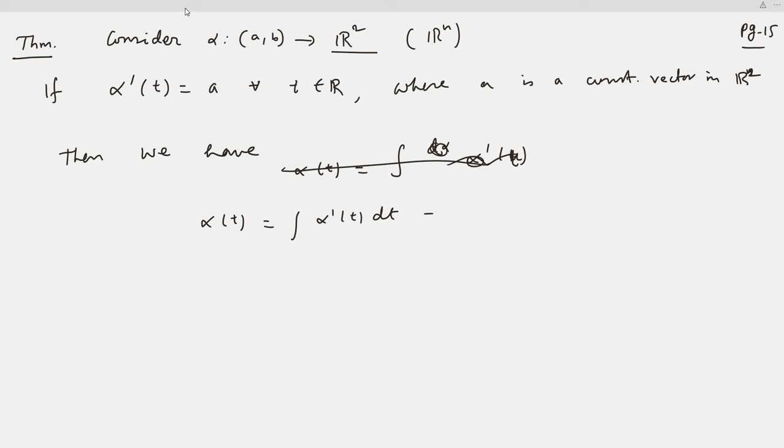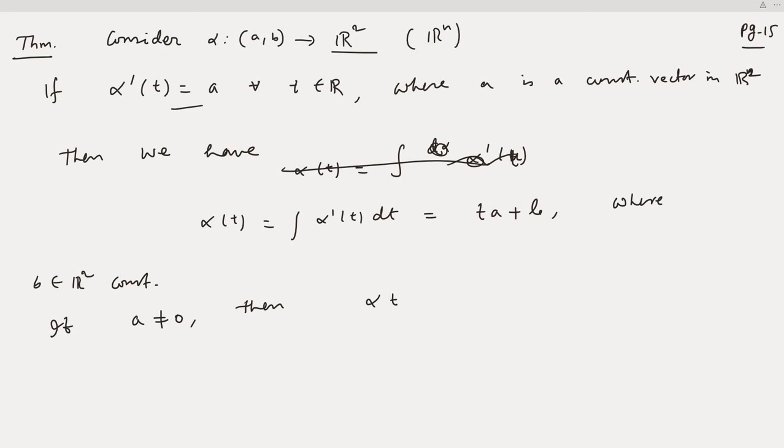And this is equal to t a plus b, where b belongs to R2 is another constant vector.